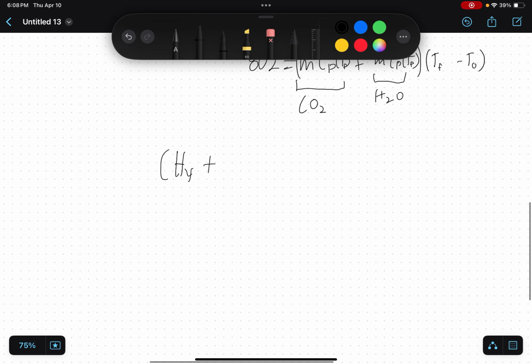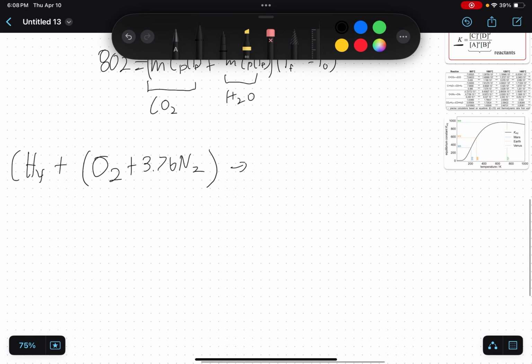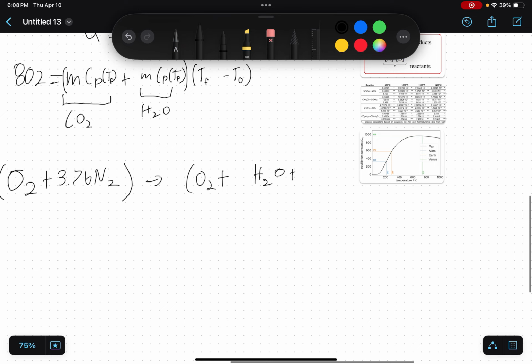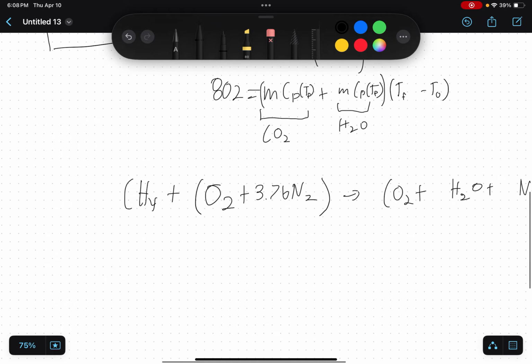That would look like CH4 plus O2 plus 3.76 N2 goes to CO2 plus H2O plus N2. All right, why did I do the 3.76?